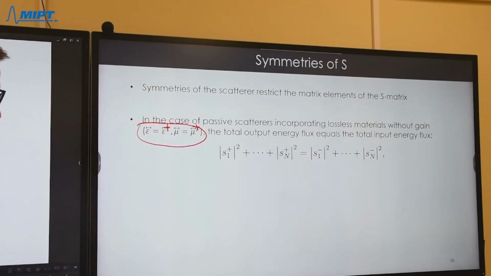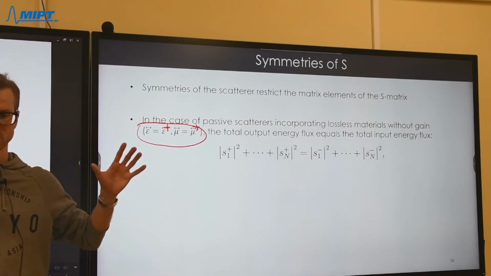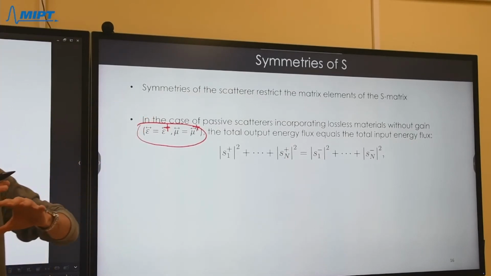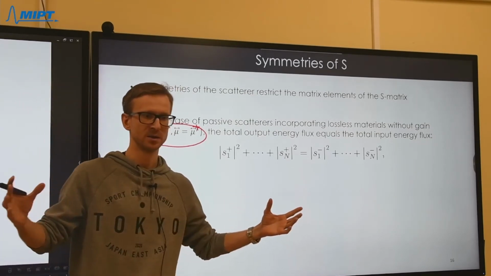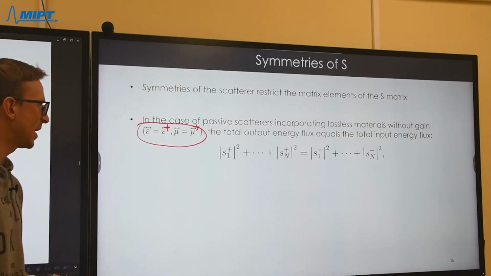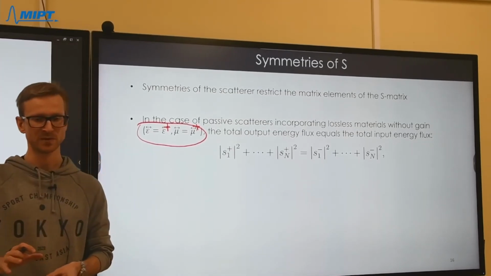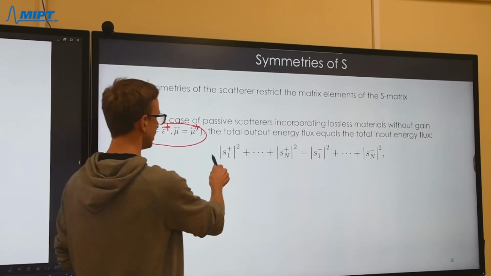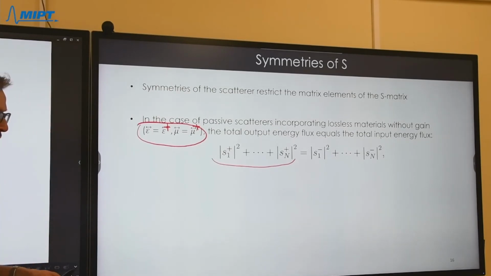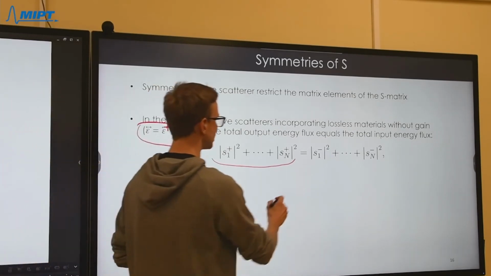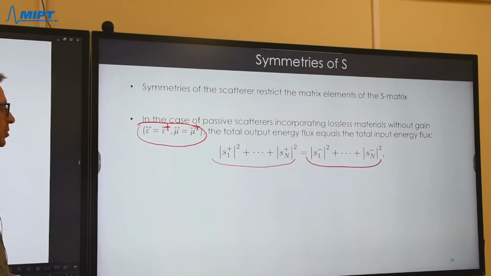And that means that the object preserves electromagnetic energy. No matter how much energy you send onto the object with your incident fields, the same amount should be scattered or reflected back in those channels. And that means that if we are working in the flux normalized base, then the sum of electromagnetic fluxes over all incoming channels must equal the sum of the corresponding fluxes in the outgoing channels.